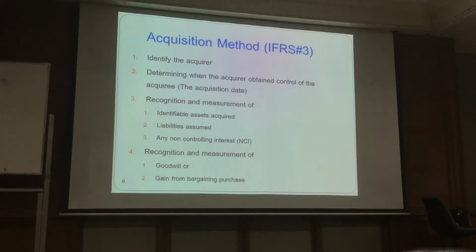Stick with my example. Book value: asset 100, liability 20, equity 80. After remeasurement, the asset is bumped to 200. Okay? Liability didn't change, 20. What should be the amount that you should pay now? 200 minus 20, which is 180.